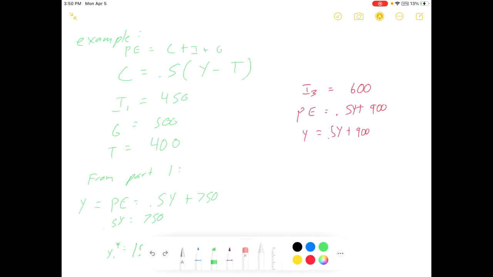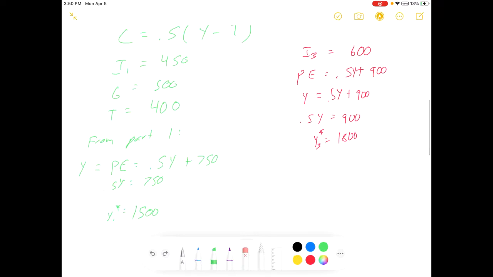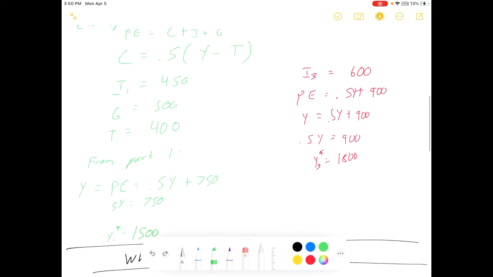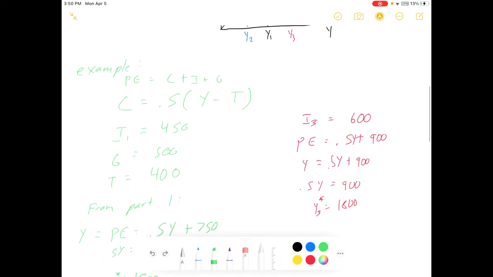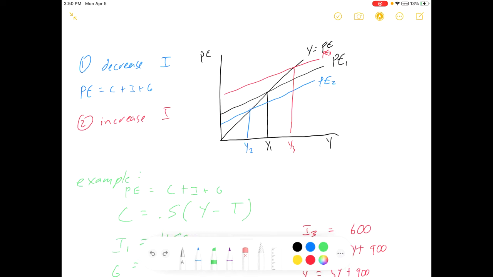Y equals 0.5Y plus 900, that's the equilibrium condition. 0.5Y equals 900. Y is then equal to 1800. We raised investment and GDP rose by more. Now, that was all just kind of like, hey, wake up and remember this stuff. Moving investment around shifts the planned expenditures curve.